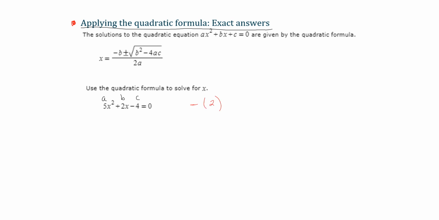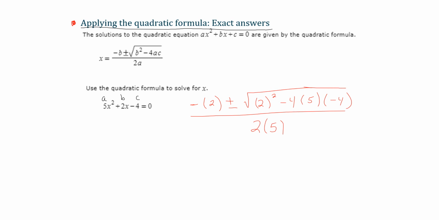B squared, so 2 squared minus 4 times A, which is 5, times C, which is -4, all over 2 times 5. Okay. So we get -2 plus or minus the square root.